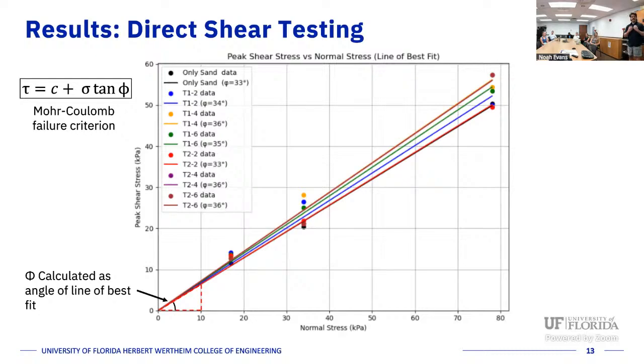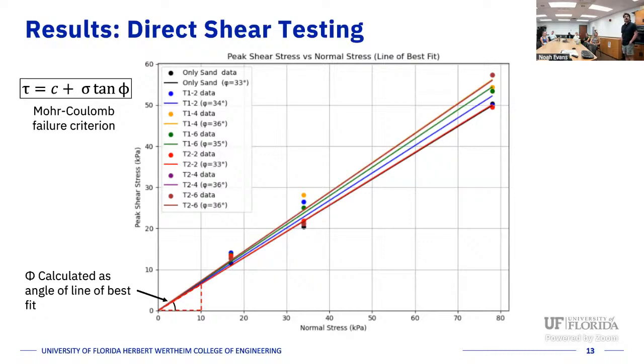To calculate our internal friction angle, we used our peak shear stress and our normal stress applied, plotted those against each other, and graphed a line of best fit. As you can see from the figure, our friction angle is the angle between our x-axis and our line of best fit.